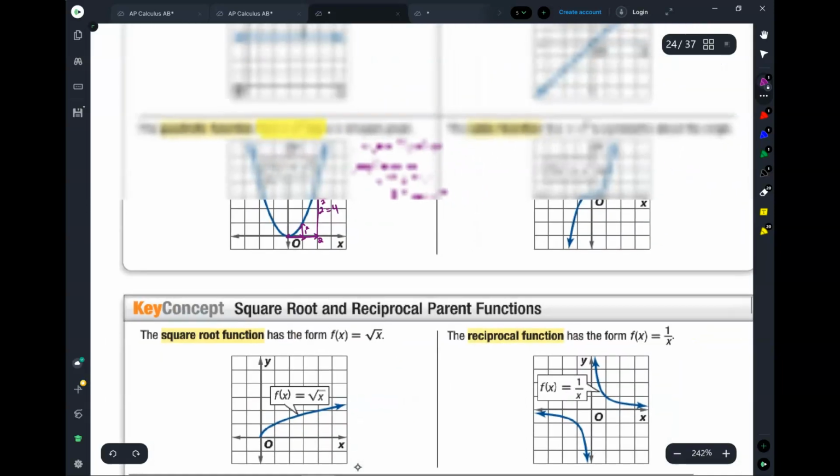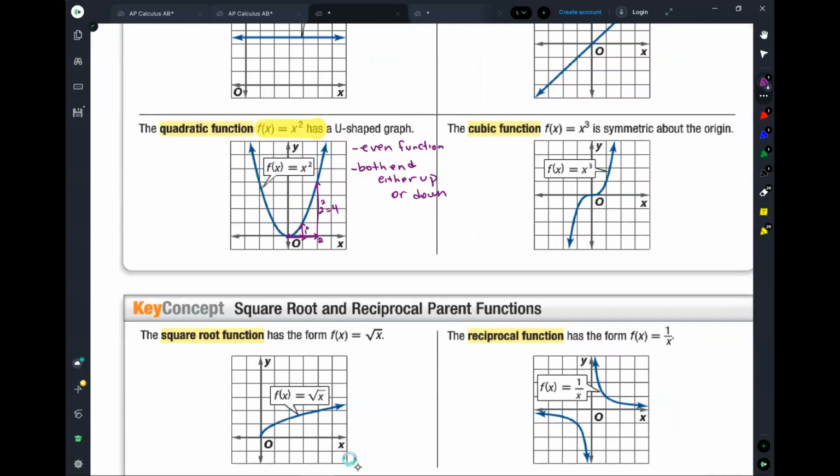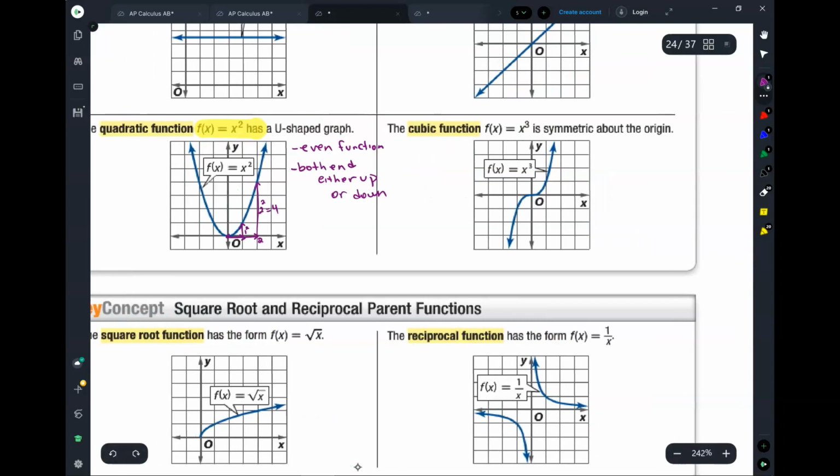Now, next up is a cubic function. A cubic function is an odd function, right? And if you see at the infinities, the end behavior, one end will face up, one end will go down. Could you tell if it's an even or odd function just by the end behavior?